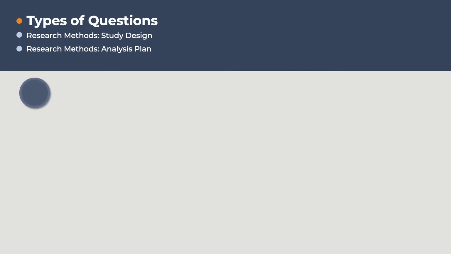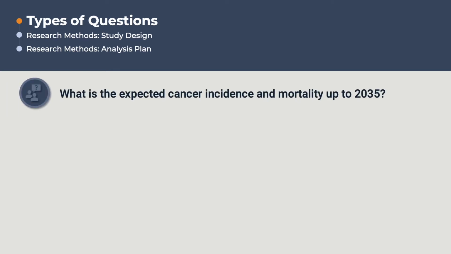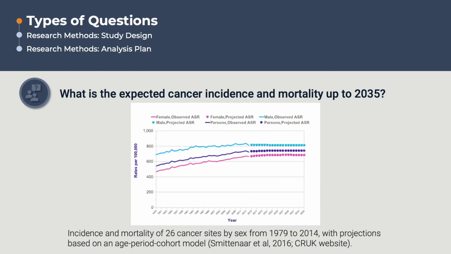Now we turn to the second question of the expected cancer incidence and mortality up to 2035. Smitana and colleagues published an article in 2016 in the British Journal of Cancer where they used UK data on sex-specific incidence and mortality of 26 cancer sites from 1979 to 2014 to predict cancer incidence rates up to 2035.